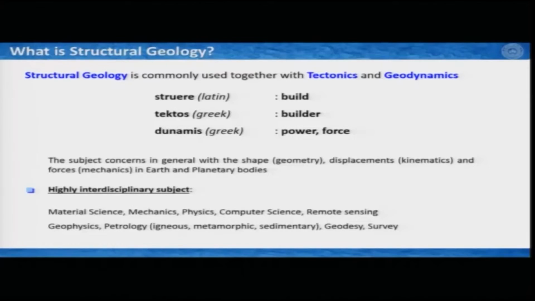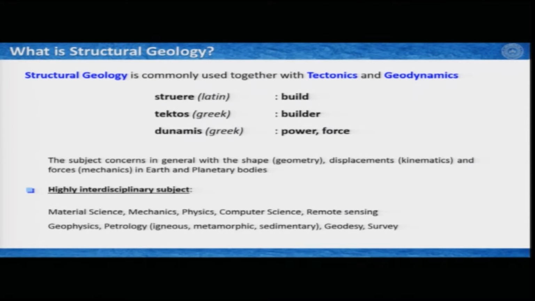Okay, so what is structural geology? If you have heard this term before, then you must have also heard these two terms that are always used together with structural geology. One is tectonics and another is geodynamics. Now, these three terms, structural geology, tectonics and geodynamics, have their origin in Latin and Greek languages.